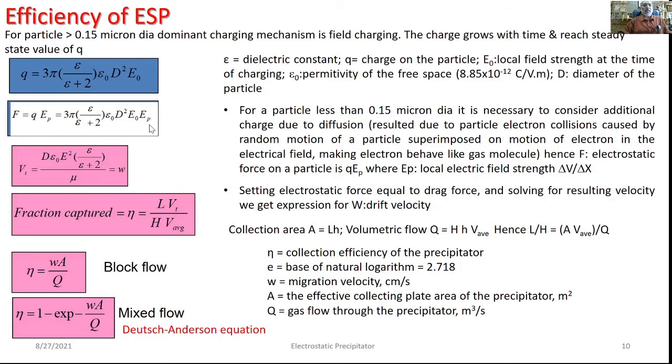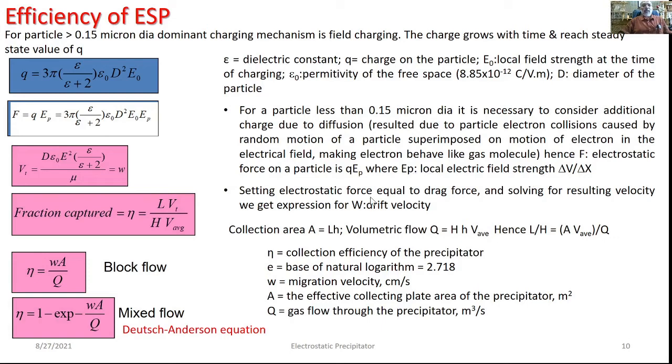For all practical purposes, we can consider E0 = EP = E, the average of E0 and EP, and hence E0 × EP as E². Further, EP, the local electrical field strength, is nothing but ΔV/ΔX, that is, the voltage between both electrodes divided by the distance between them.